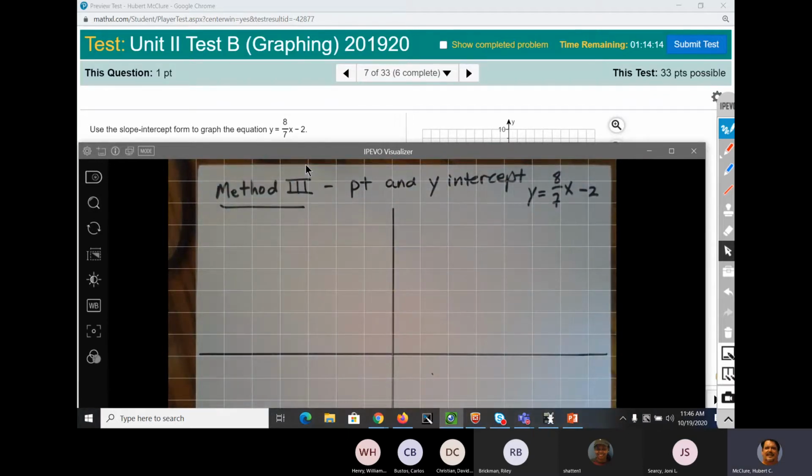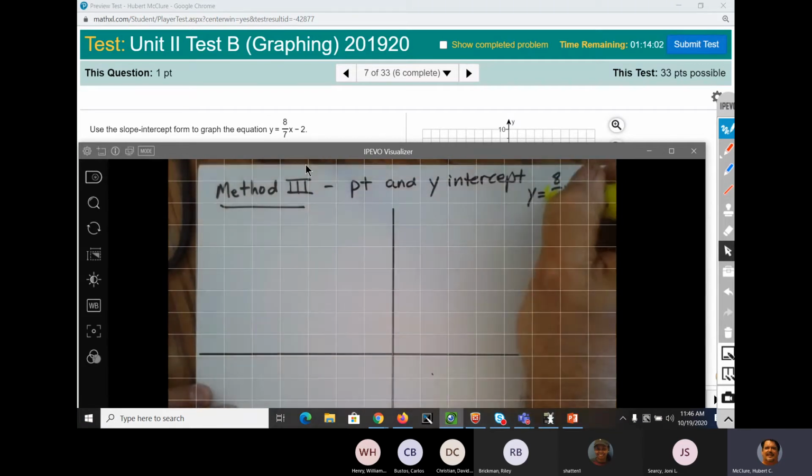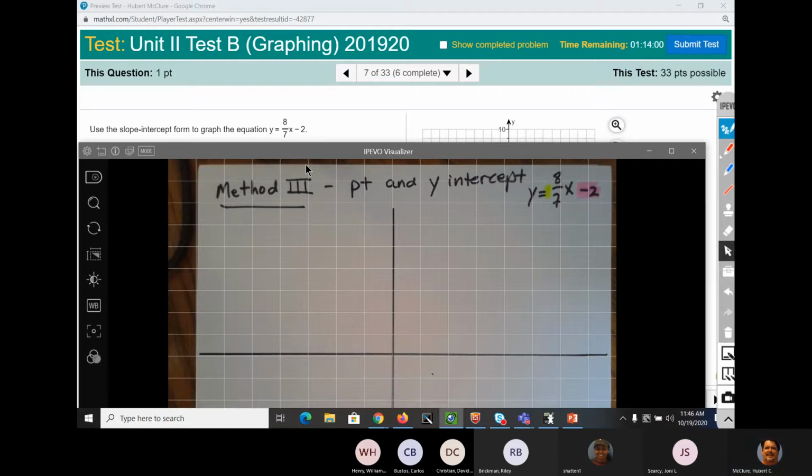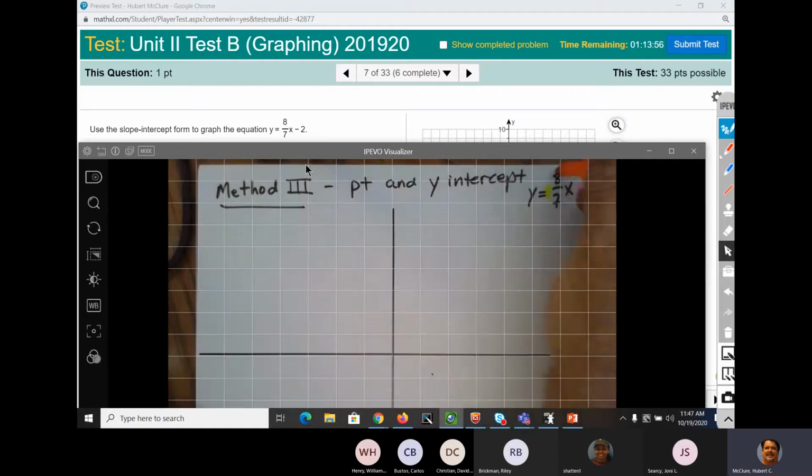Okay, that pink is going to be the y-intercept. Yellow is going to be the sign of the 8/7. And the 8/7 is going to be vertical over horizontal.